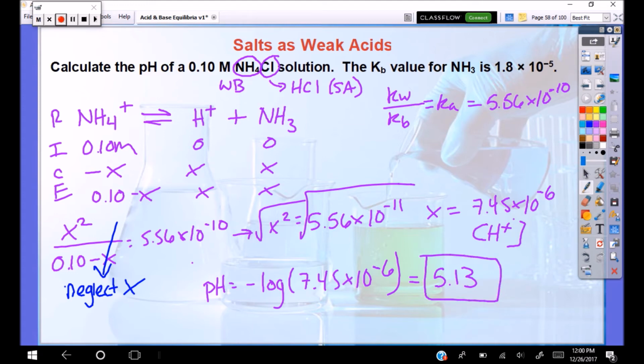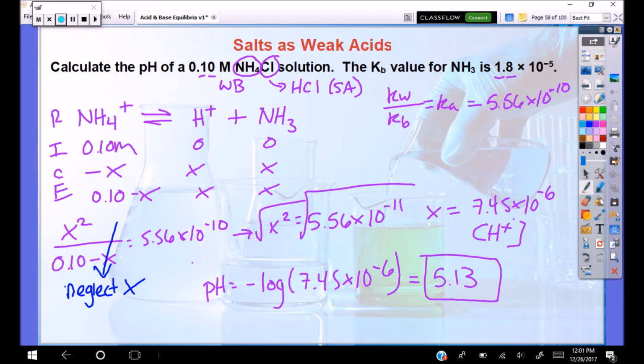Another thing, just in terms of sig figs, when we're dealing with pHs, the number of sig figs in your prompt tells you how many decimal places you need for your pH. So we went to 2 decimal places here because we have 2 sig figs in each of our numbers.